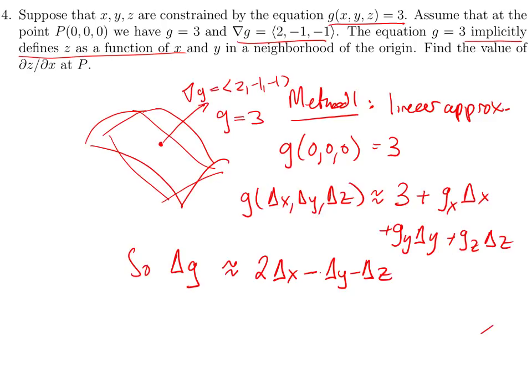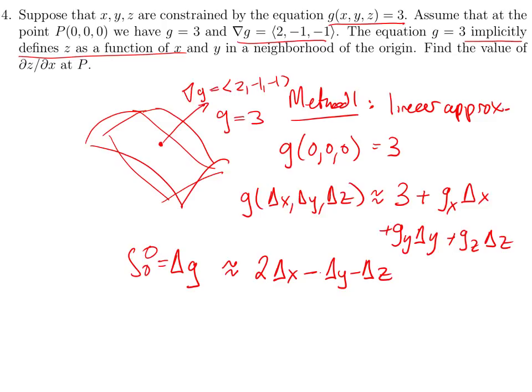But wait a minute, I'm staying on the surface. So actually the change in g should be equal to 0, right? If z is a function of x and y such that g stays at a fixed value, then delta g is 0. So now I have this relationship between delta x, delta y, and delta z, that 2 delta x minus delta y minus delta z is very close to 0.